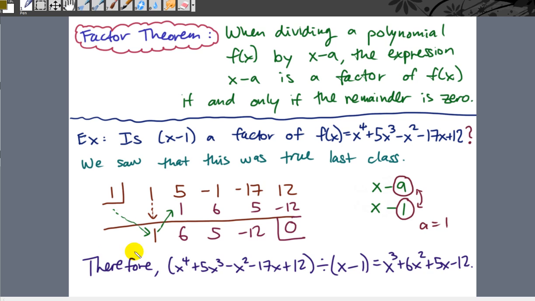So if we divide this by this, we get x cubed plus 6x squared plus 5x minus 12.